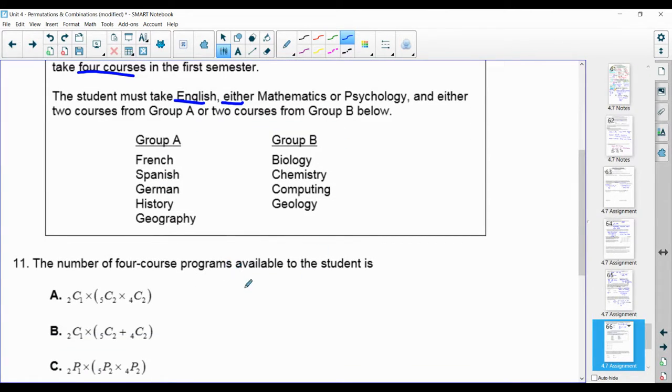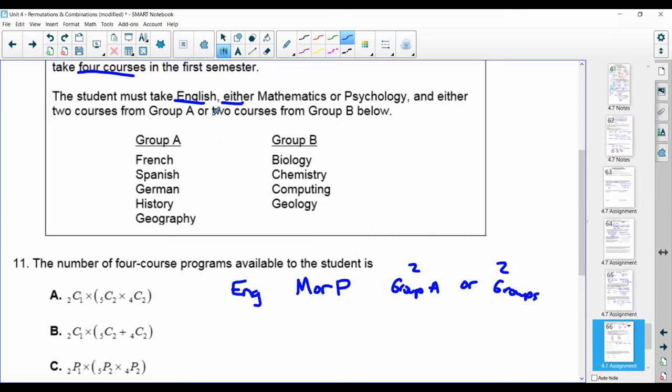Well, the student must choose English, and then they need either math or psychology, and then either 2 from group A, or 2 from group B.